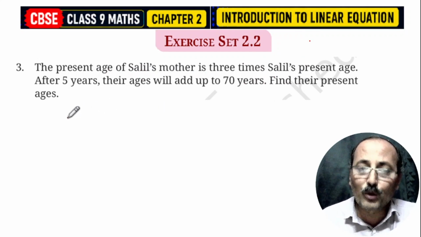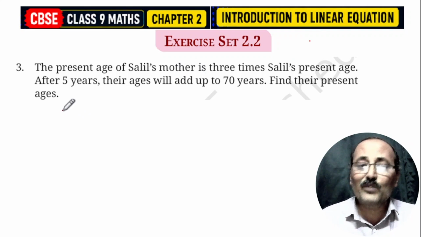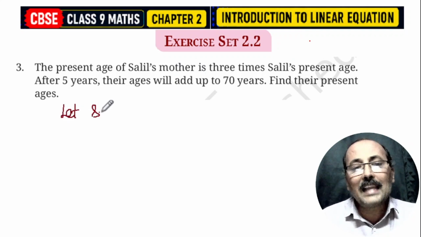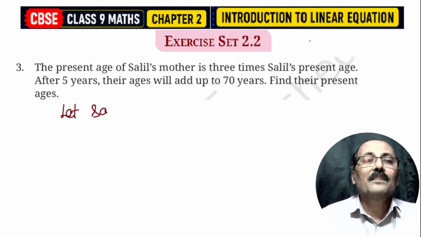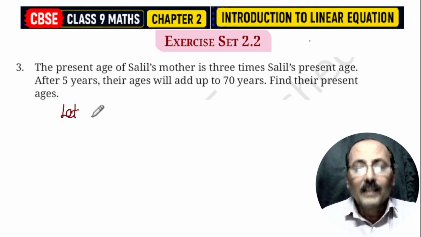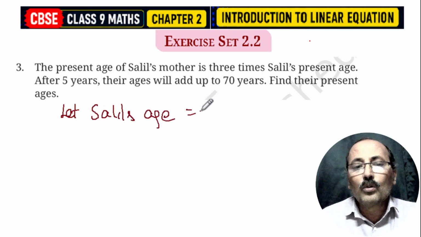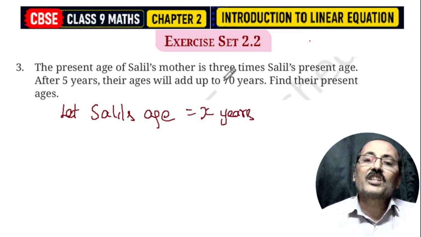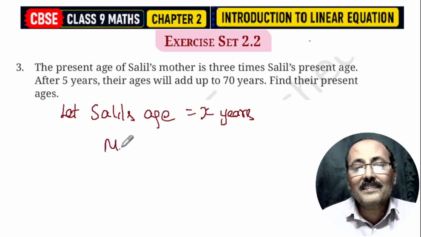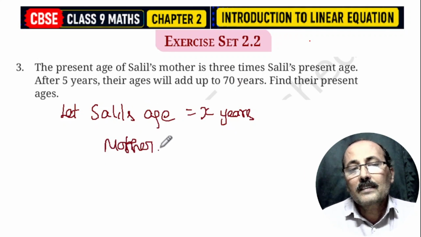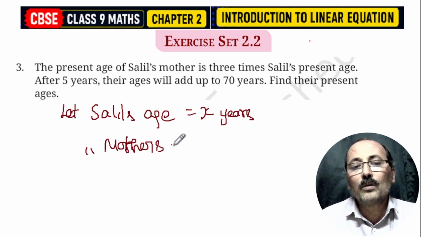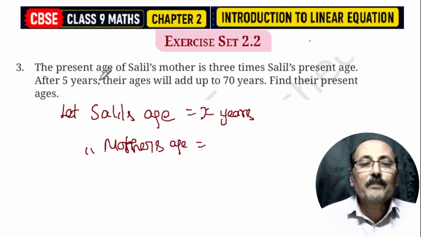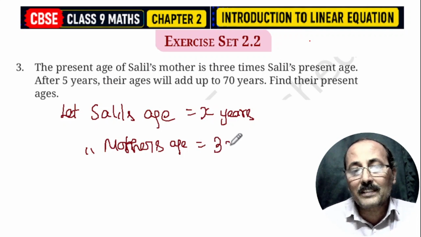That means we have to do it like this. Let Salil's age equal x years. I am going to consider this because we don't know how much, they are just comparing. Then what about the mother's age? The present age of Salil's mother is 3 times Salil's present age, that is nothing but 3x.